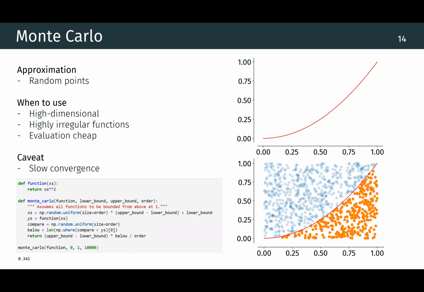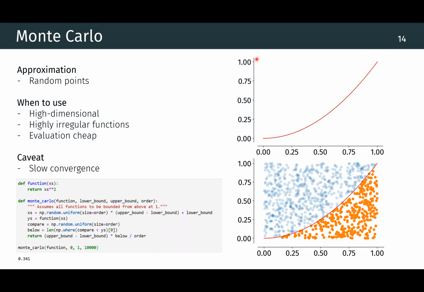If you look at the 2 figures on the right, here we have one function that we'd like to integrate. It's again our x squared case, and we have our domain from 0 to 1. Now we can say this is our whole area, from 0 to 1 on both axes, and we generate random points.